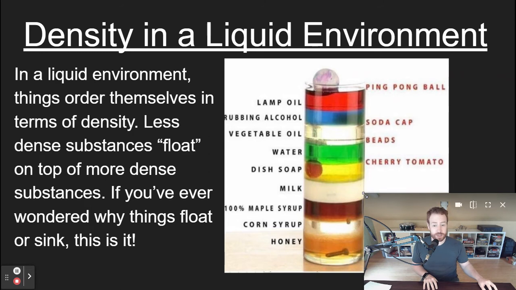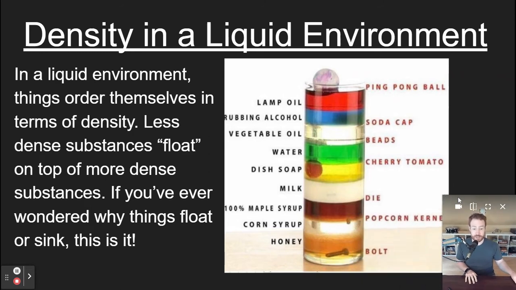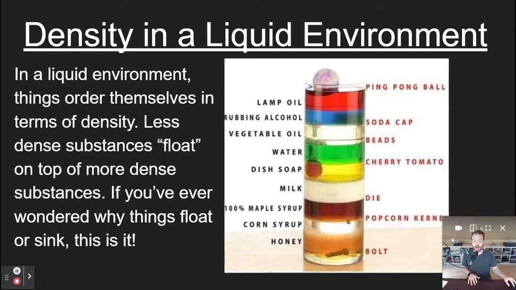It's also important to remember that liquids have density, and in a liquid environment, things are going to behave a certain way based on their density. Specifically, they're going to layer themselves in terms of density. Solid objects don't do this so much, but liquids that are fluid will conform to the shape of their container, and they will also interact with one another and sort themselves by density.